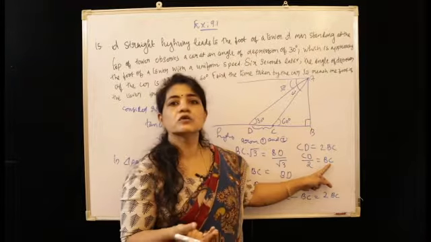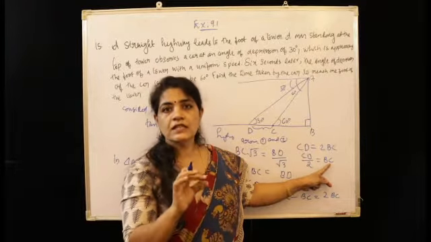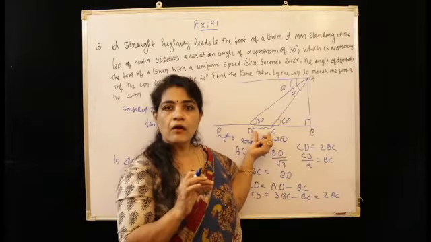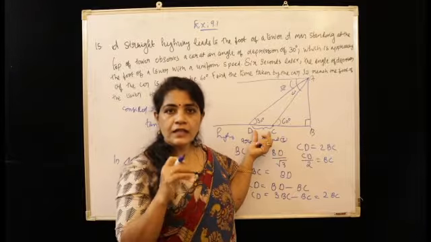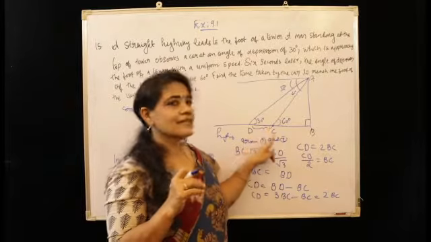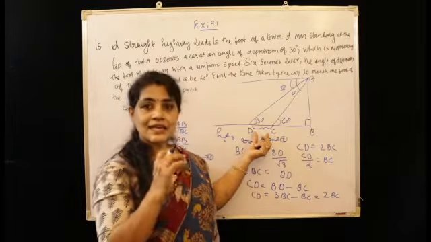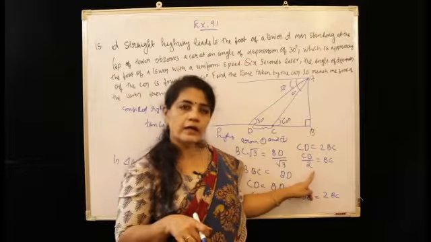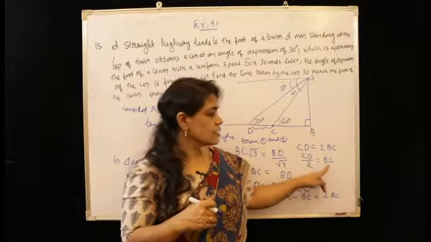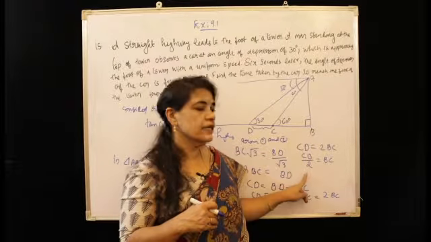So BC is actually half of the distance CD. And since the car is moving at a uniform speed, if it takes 6 seconds to cover this distance CD, and BC is half of CD, that is what we got now here, children.